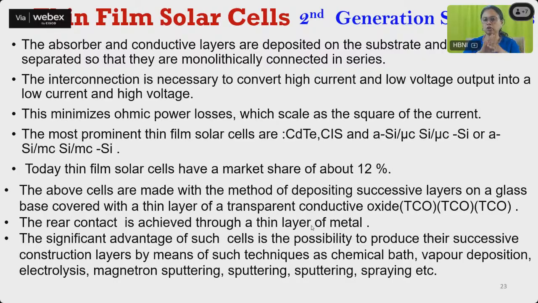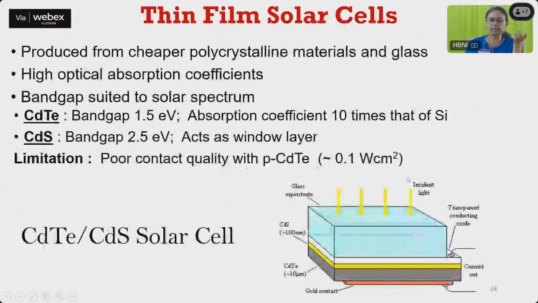Here you are not using any bulk material, but only thin films. So the material cost is going down and the techniques are also cost effective. They are produced from cheaper polycrystalline material and glass, and they have high optical absorption coefficients.